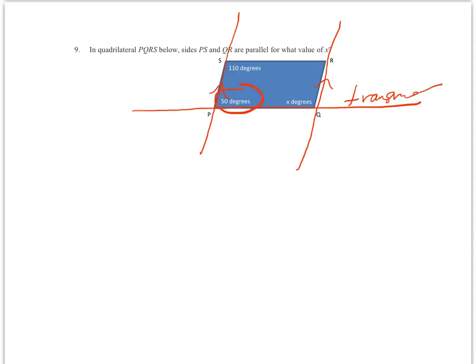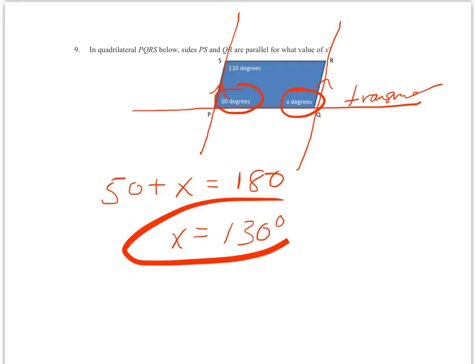These two angles here are consecutive interior angles. According to the converse to the consecutive interior angle theorem from geometry, those two angles have to be supplementary, which means when you add their measures you get 180. Therefore x is 130 degrees.